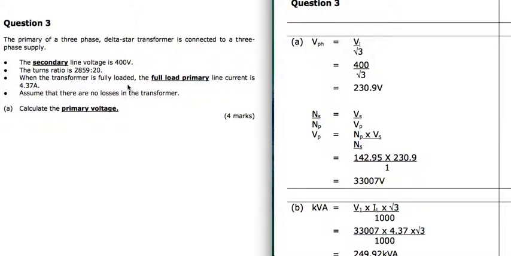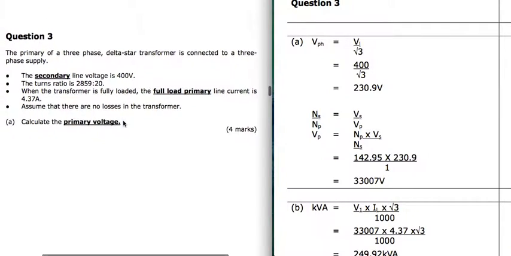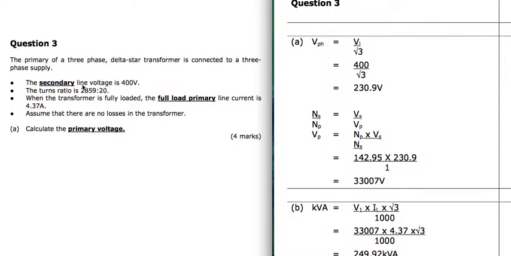And when the transformer is fully loaded, the full load primary line current is 4.37 amps, and there's no losses in the transformer. So we're looking to calculate the primary voltage. So we've got our secondary line voltage, so we need to find the phase voltage.